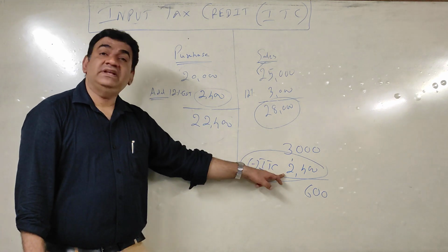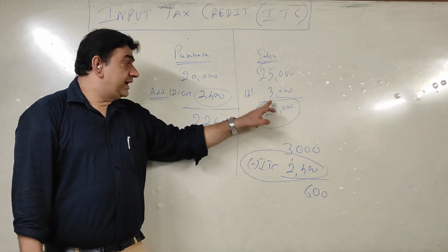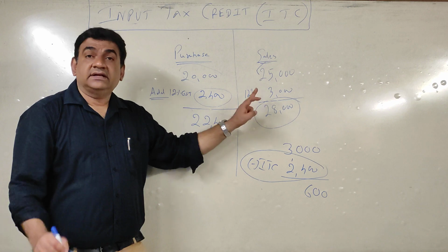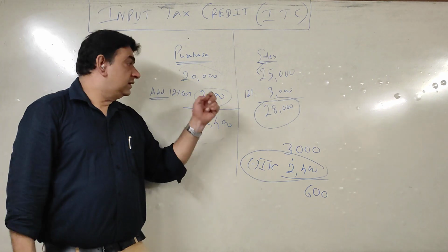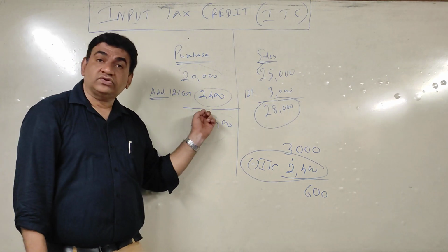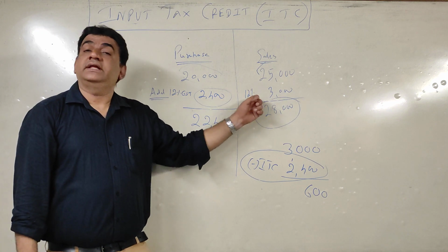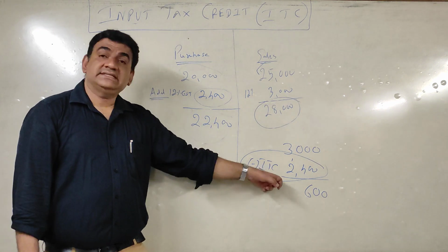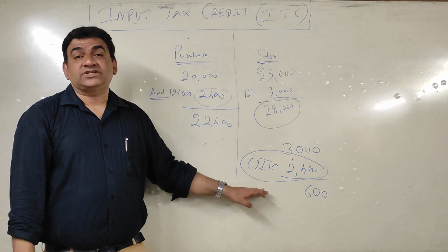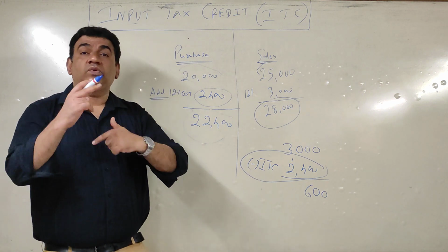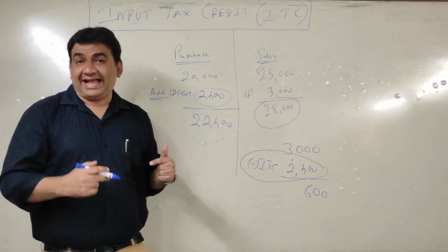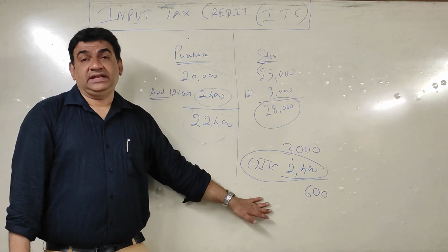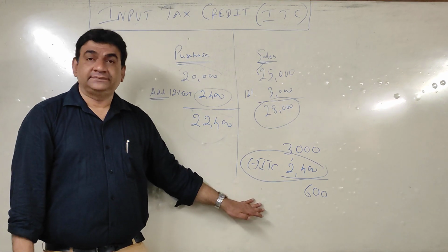So now you will get a deduction. Because if you pay this 3,000 to the government, government got double revenue. They got 2,400 here also. They got 2,400 here also. So that is the reason this is deducted, to reduce the tax burden, cascading effect, to avoid tax on tax. So this is the basic meaning of input tax credit.